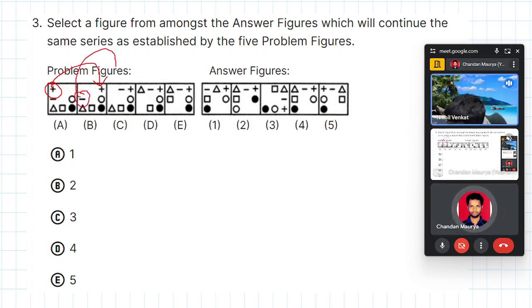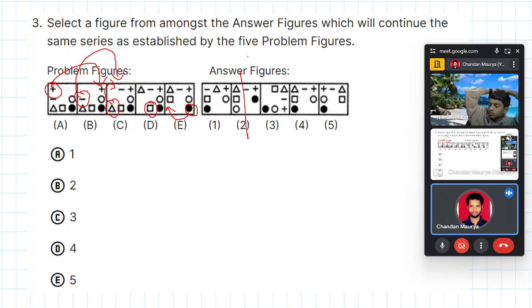After that, this minus is moving. One or four, you are saying. Okay, let's check. This triangle is going over here. After that, this square is going. After that, this circle which should come here. So this is definitely wrong.